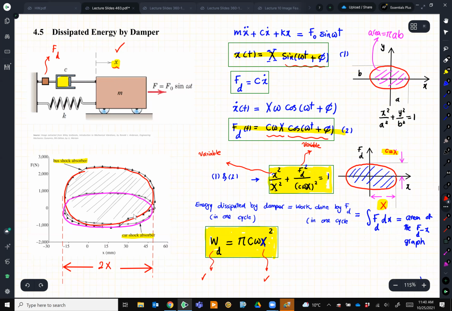So if somebody gives you this graph, the first thing you do is find the area inside that graph. It gives you WD. What is WD? The work done by dampers in one complete cycle, or the energy dissipated by the damping. And you have the amplitude of vibration, X, so you can estimate the damping coefficient.